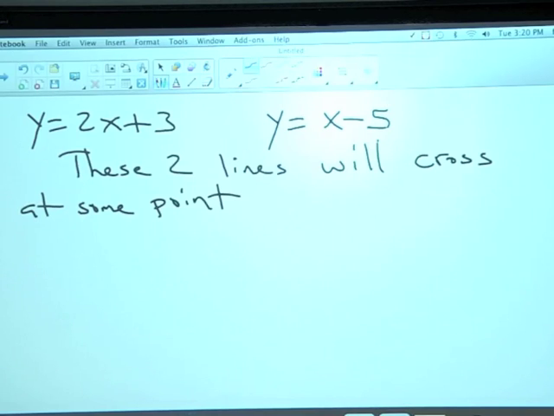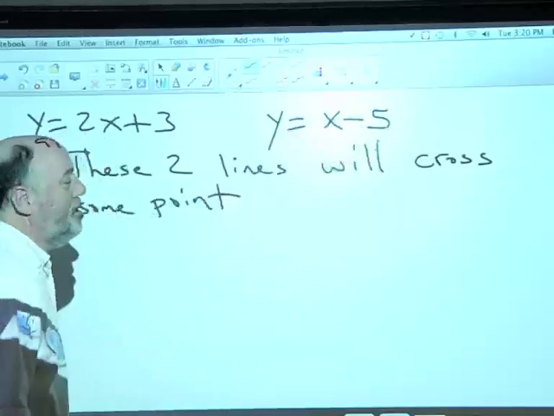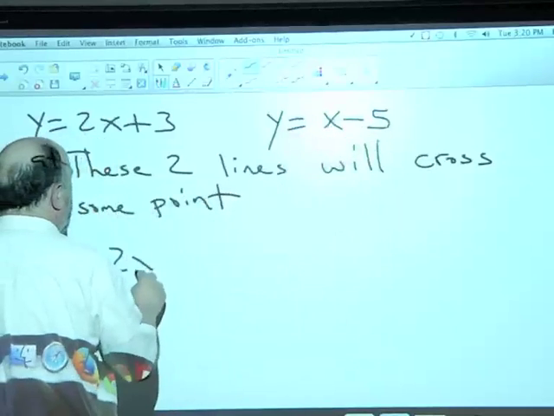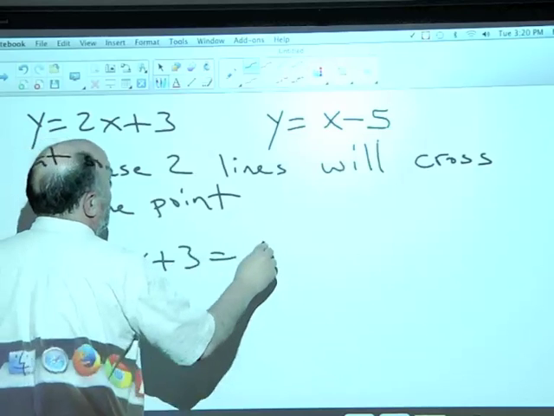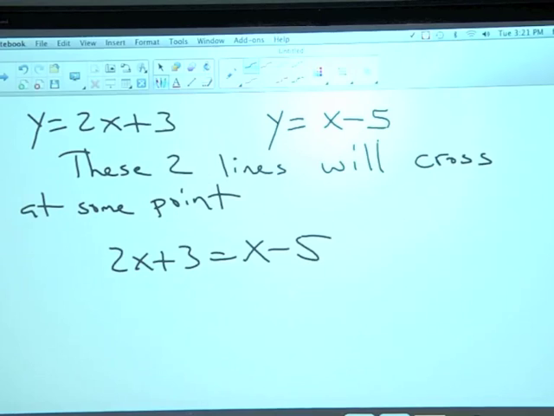So when the two lines cross, this has to equal this. So 2x plus 3 will have to equal x minus 5 when they cross. Because after all, they both have to equal the same y number when they cross, right?